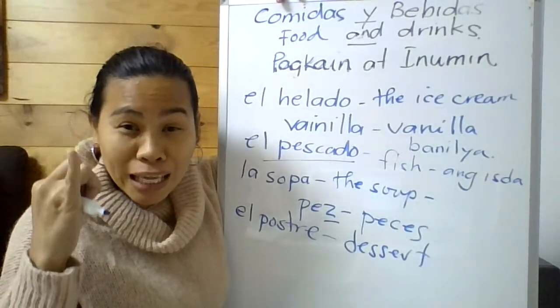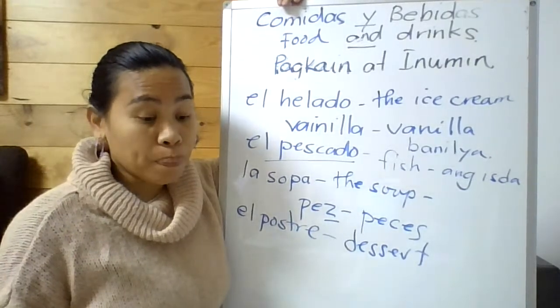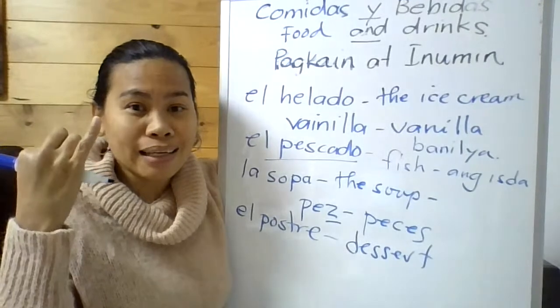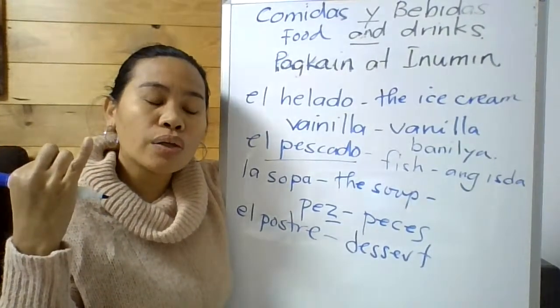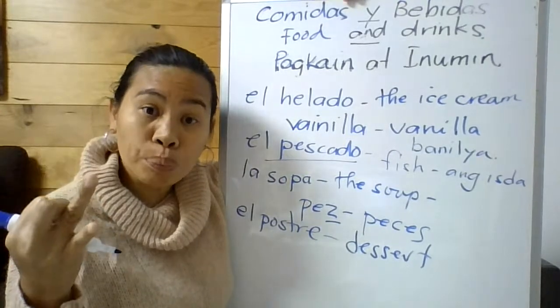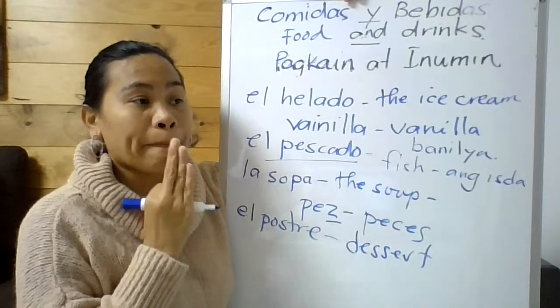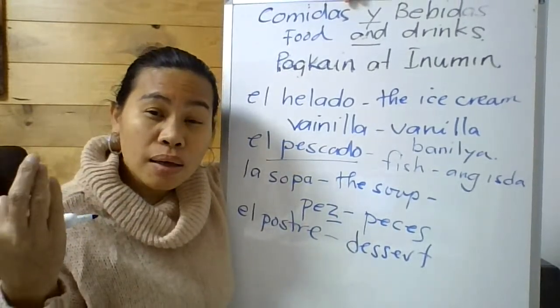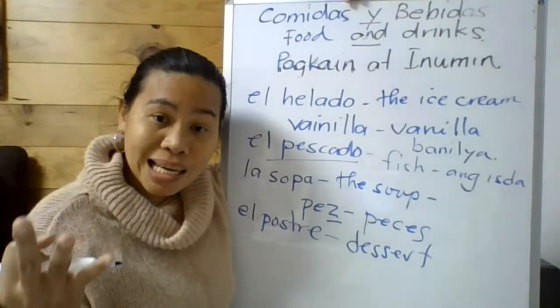So, el primer plato is the appetizer. For example, la ensalada, or soup, for example a cold soup, gazpacho. What else? Potato fries, bravas, they call it bravas or patatas fritas.